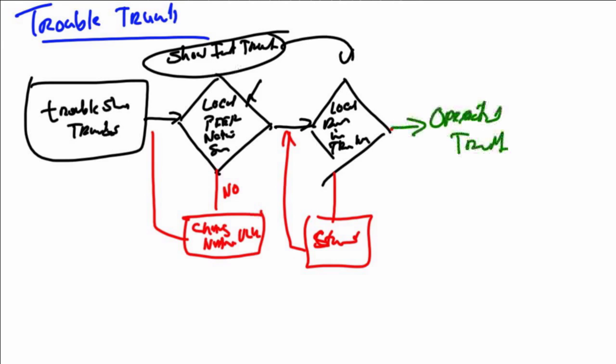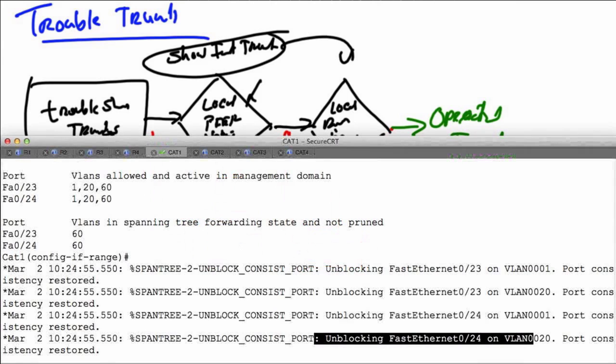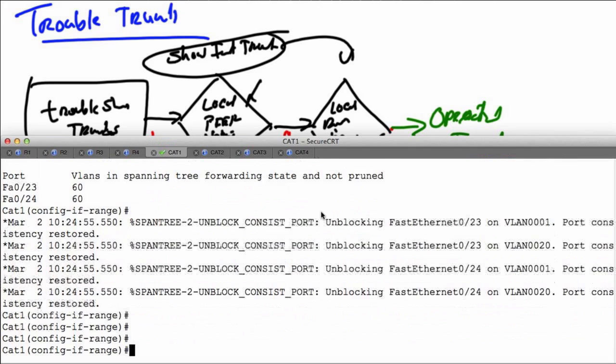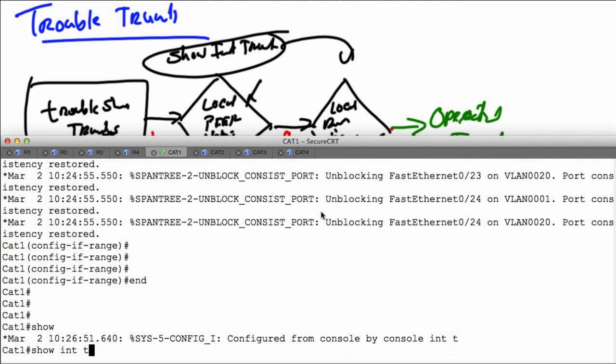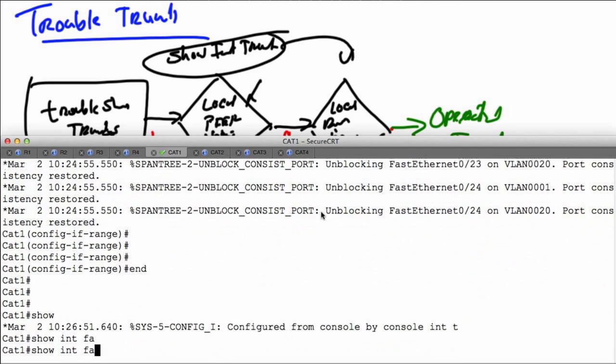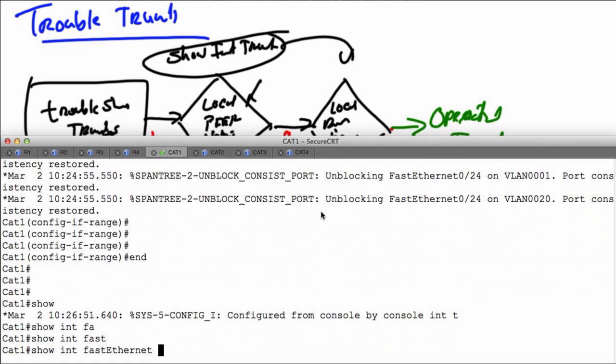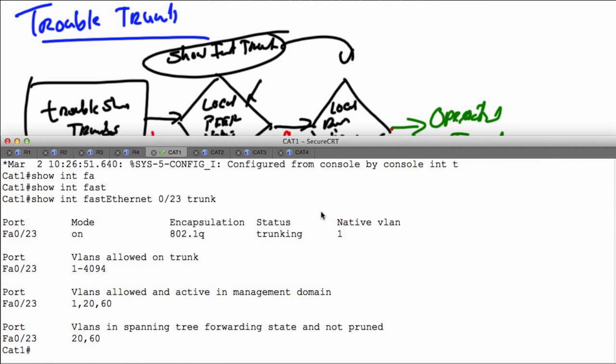Keeping in mind that this is the relevant process, all I want to do is review some of the commands we're going to execute in order to do these verifications. So again, one of the commands is show interface FastEthernet 0/23 trunk, and that gives me the information associated with that port.